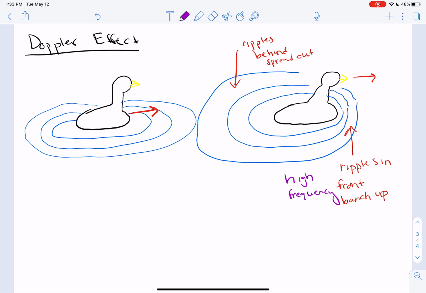And behind the duck, as the duck leaves you, you get a lower frequency of ripples. And this is the Doppler effect. When something is moving, in front of it the waves start to bunch up, and behind it, they start to spread out.